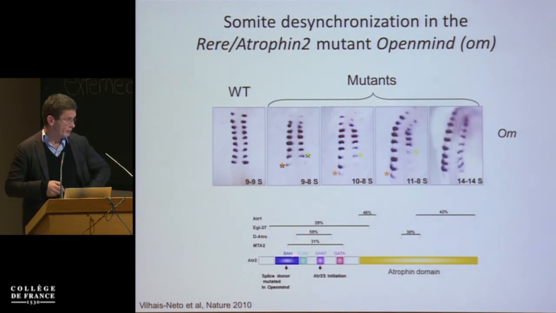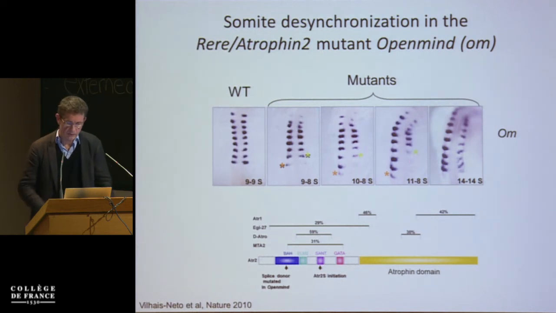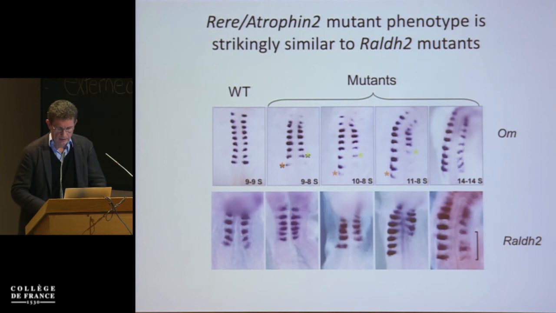And it's a large chromatin remodeling protein with chromatin binding domains like a bromodomain or an SANT domain and so on. And what Gonzalo noticed is that this mutant also has a striking desynchronization defect. And in fact, it's a very good phenocopy of the ALDH2 mutant.